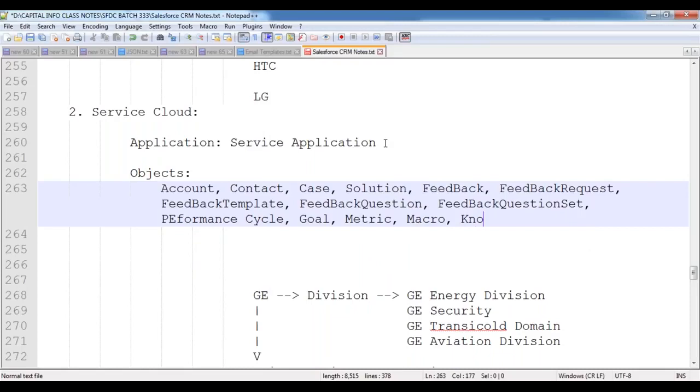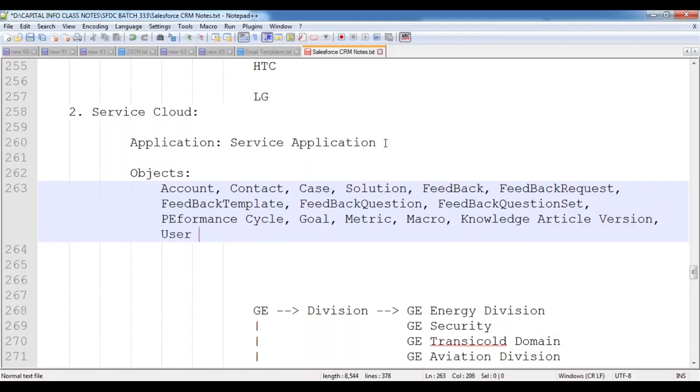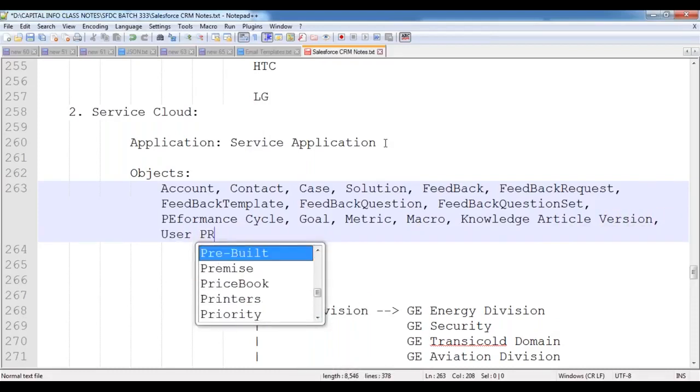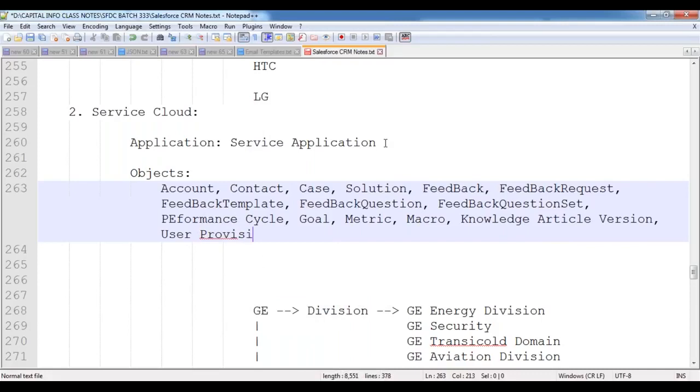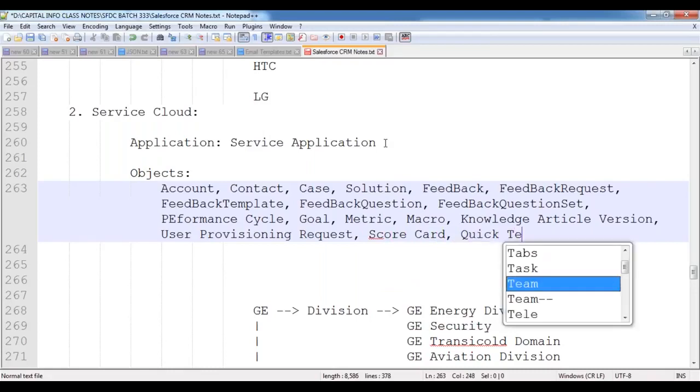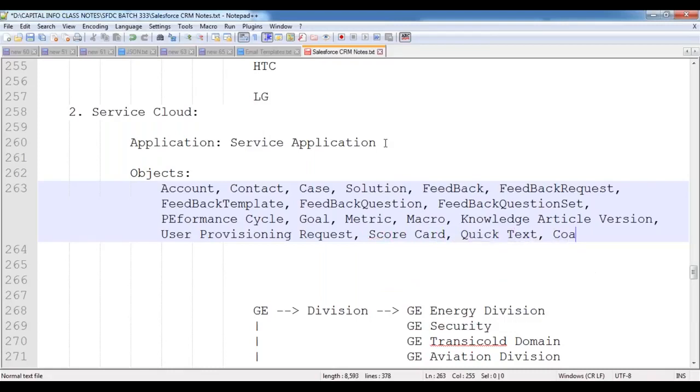Macro. Knowledge article version. User provisioning request. Scorecard. Quick text. Coaching.